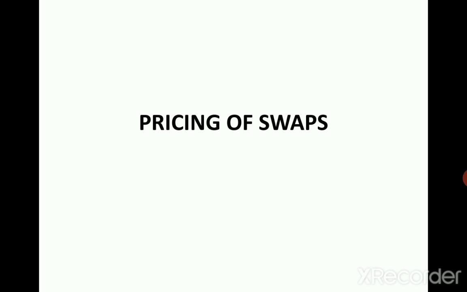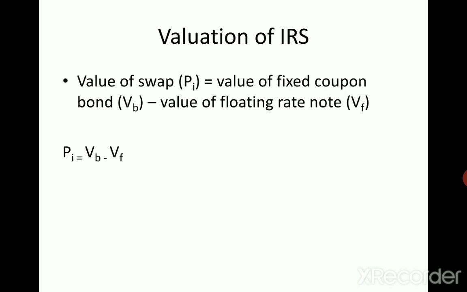Same thing here also. So first we will see how we will value the swaps. First we will see valuation of interest rate swaps. Now we don't have any problems to do in this topic, so we have just learning part.